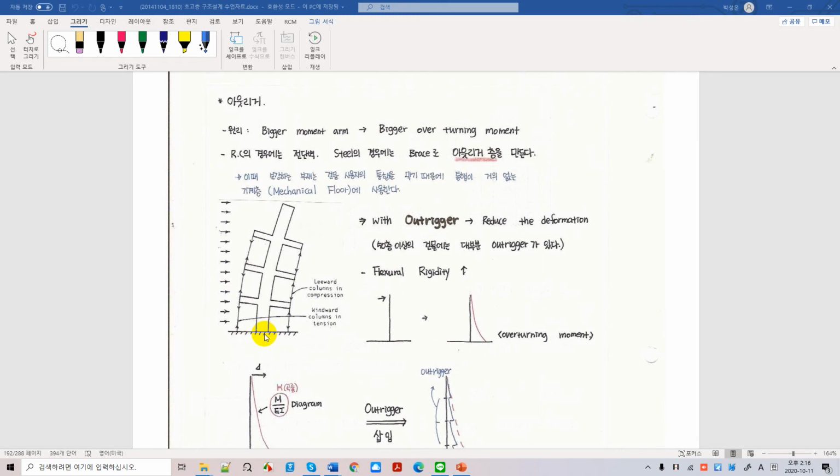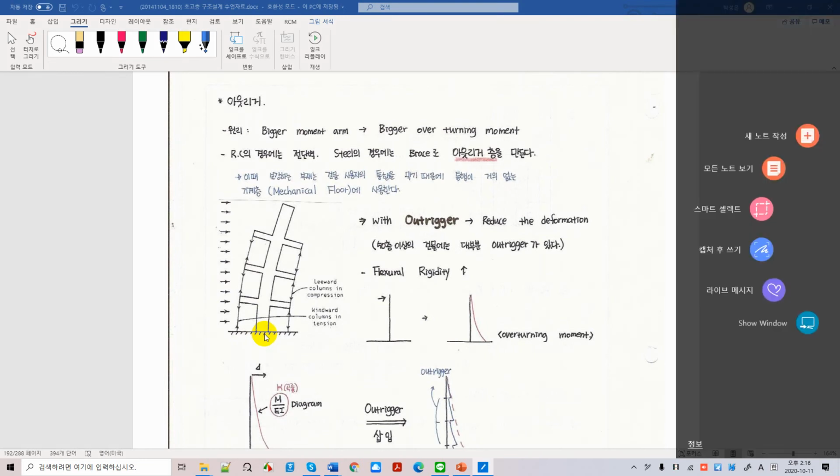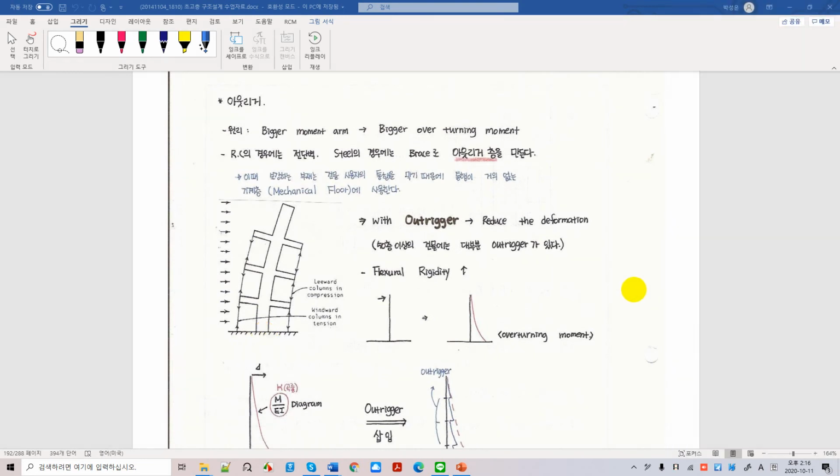And we're not sure about using that short moment arm to resist such a big seismic load here. This is very small. So the engineers invented a way to increase the moment arm to increase the overturning moment.